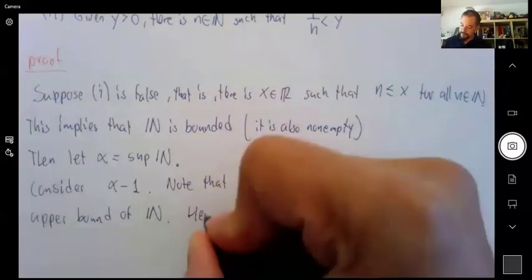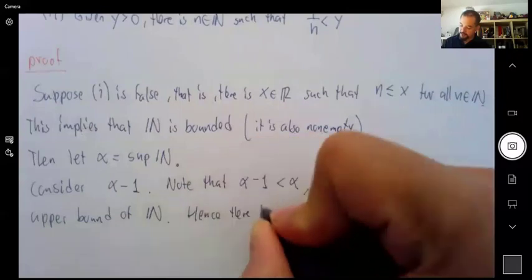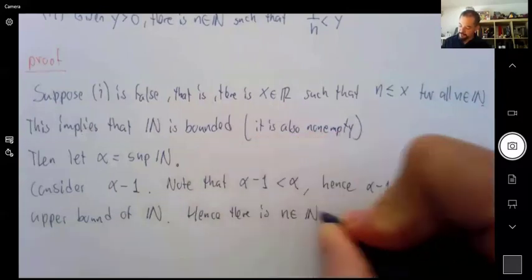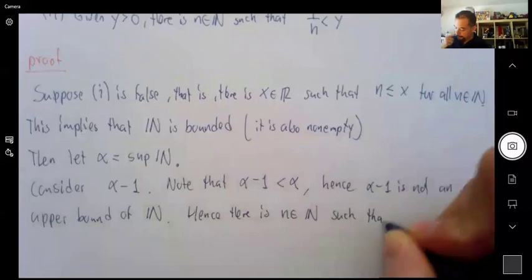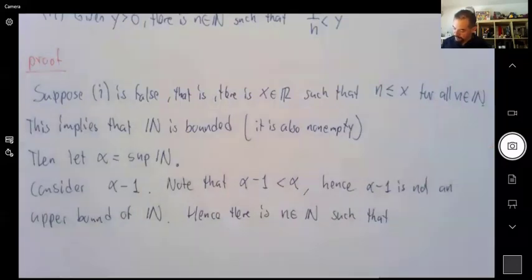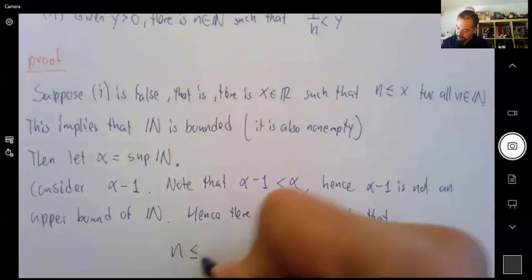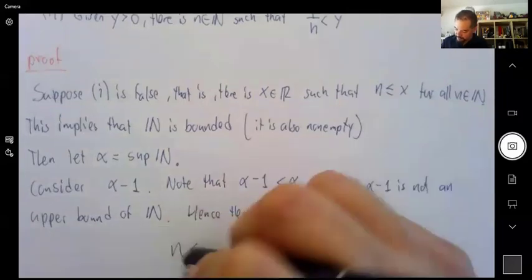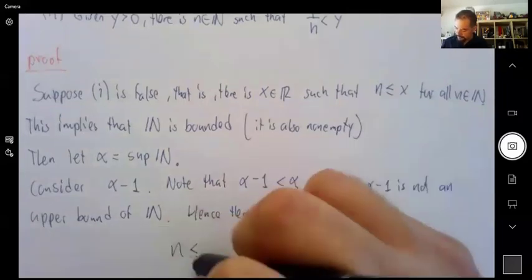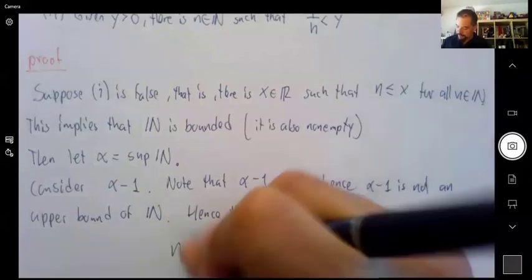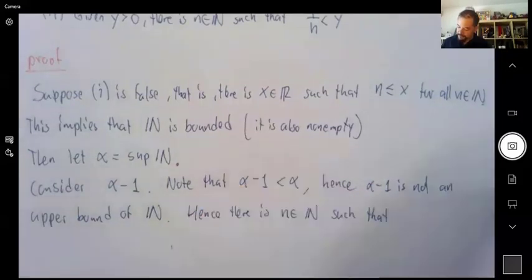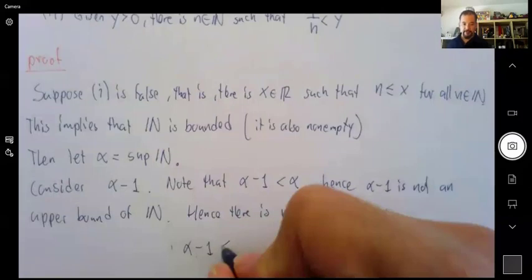Hence, there is some natural number little n such that alpha minus 1 is smaller than n, right?